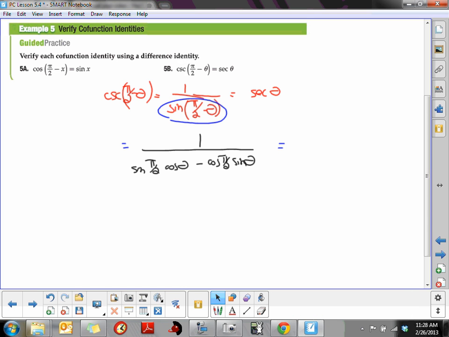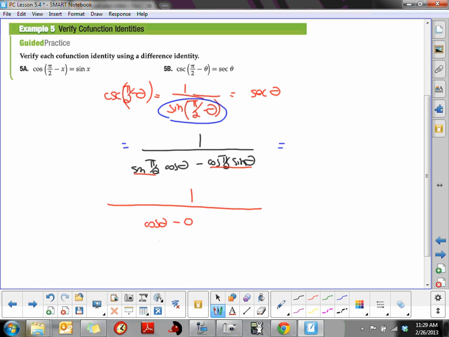So then I really have a 1 over the entire thing. This sine of pi halves is still 1 times cosine of theta, or just cosine of theta. And this is still 0 times sine of theta, so minus 0. So it's 1 over cosine of theta, which is equal to secant of theta, which, if I write it like that, even to me makes a little more sense and is easier to follow.